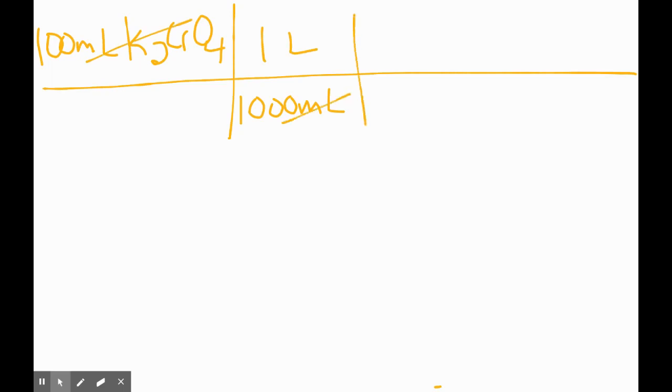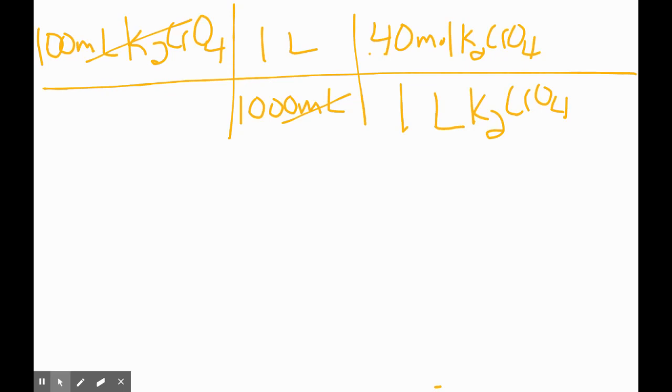Then we use our concentration of potassium chromate, which is 0.4 moles of potassium chromate in every 1 liter of potassium chromate. So now we're at moles of potassium chromate, and I've run out of space again, so I'm going to continue down here.